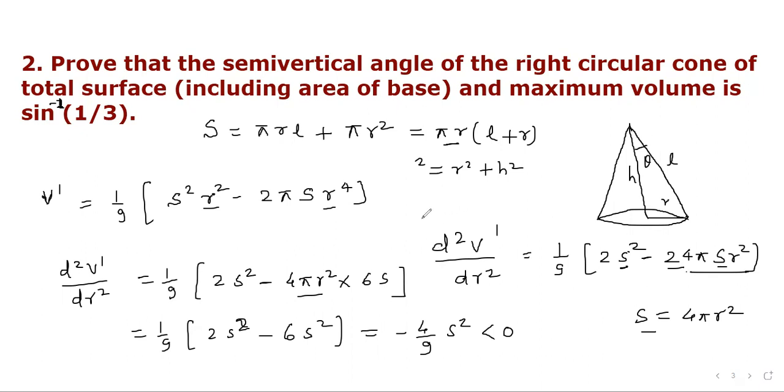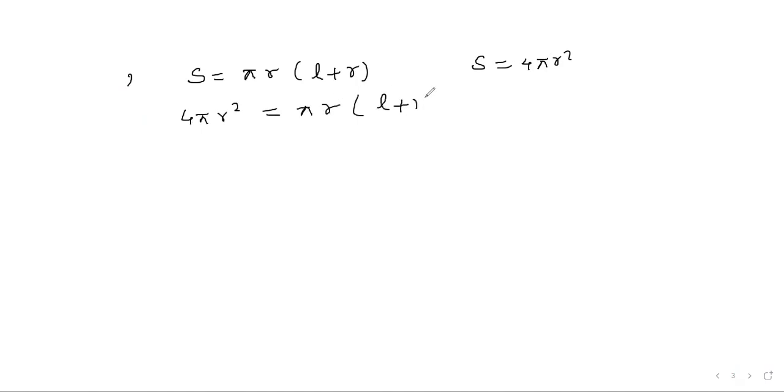Now our work is to put the value of s here to get L and R. We have s equal to pi r times L plus r, and we have s equal to 4 pi r square. We can put this value here. So 4 pi r square equals pi r times L plus r.